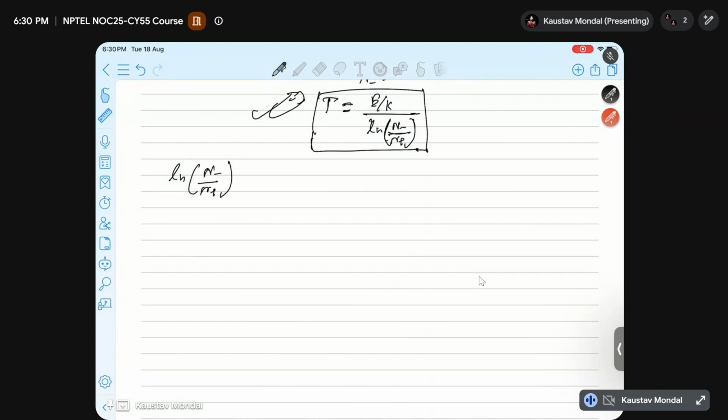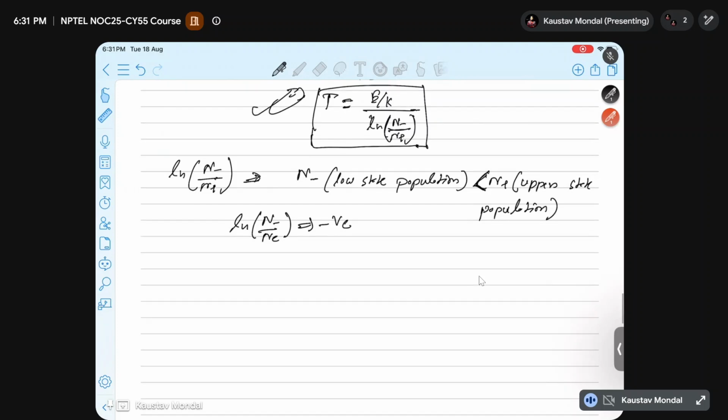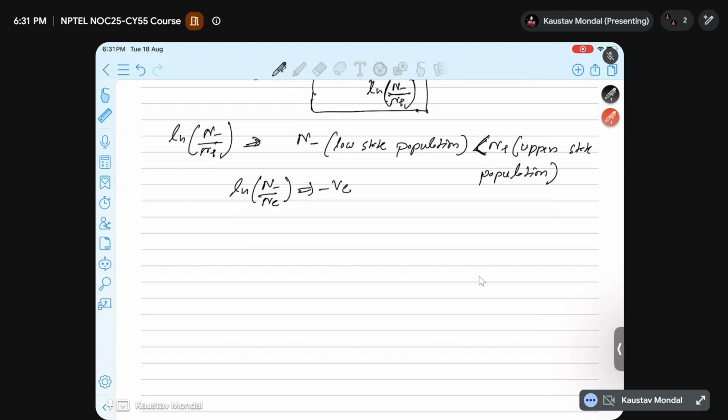If the n minus, that is the low state population, is smaller than the n plus, that is the upper state population, then you will be able to see that this log term n minus by n plus will become negative, because the numerator is lower and the denominator is higher.